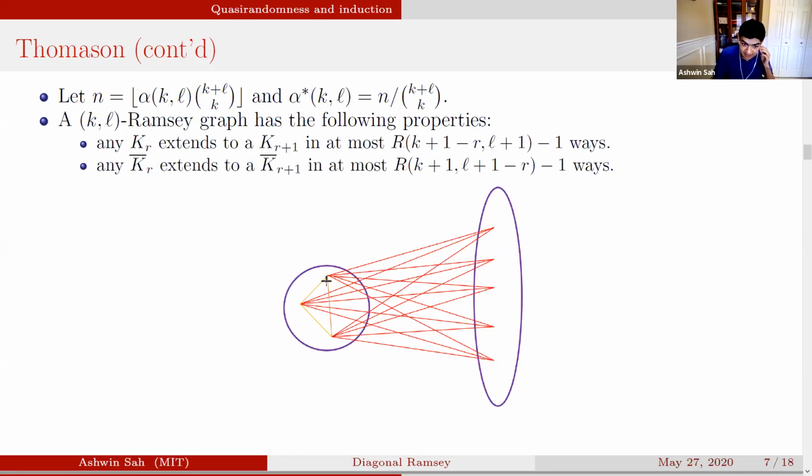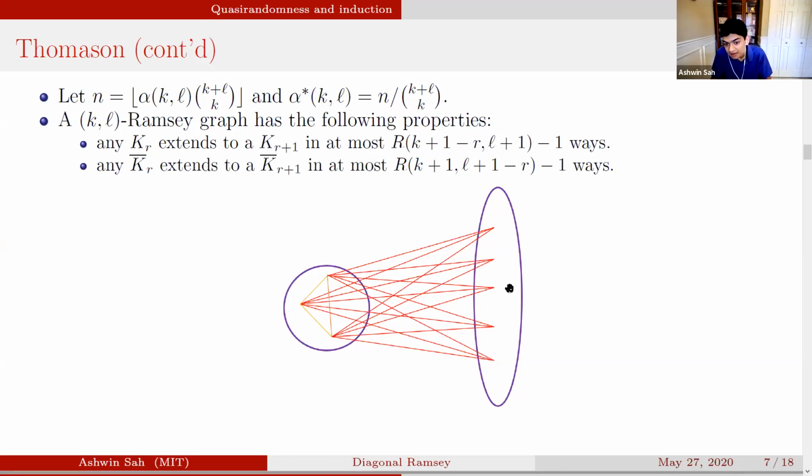We're assuming they're connected, and we want to know how many vertices complete it into a K4. Here we have pictured this group of vertices that complete this K3 into a K4. In this case, we have at least 5 of them.